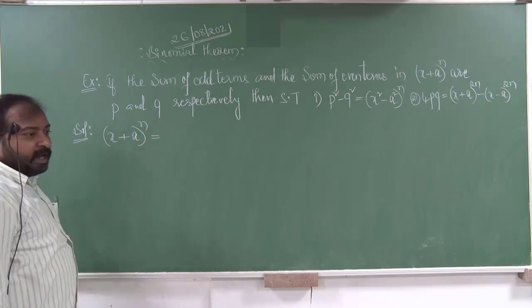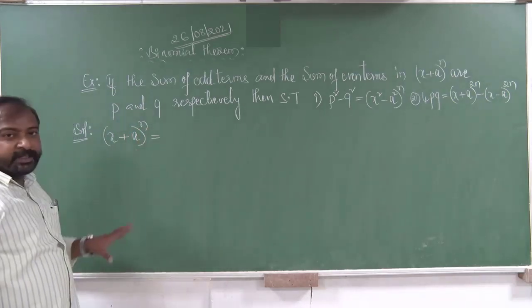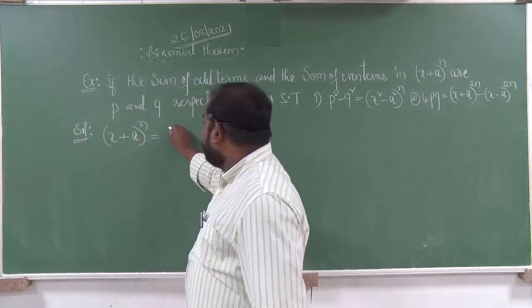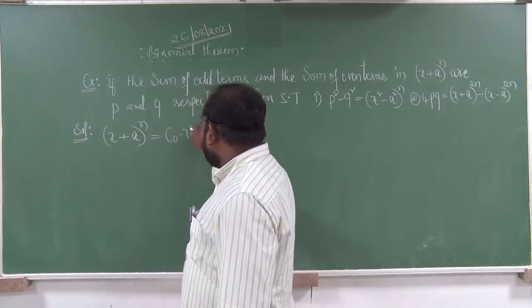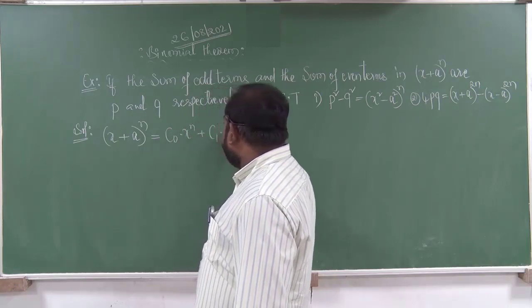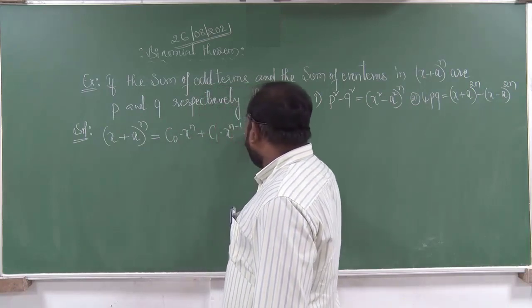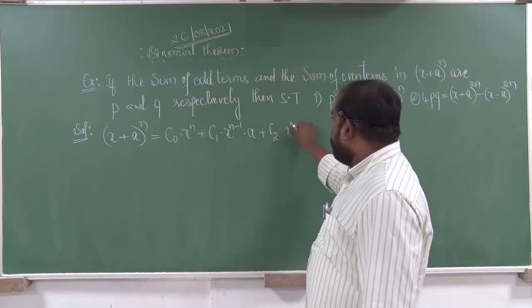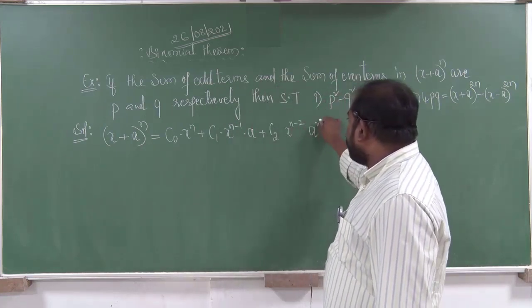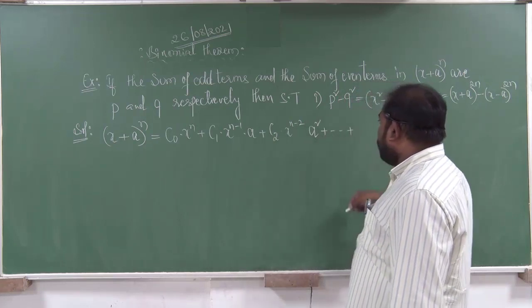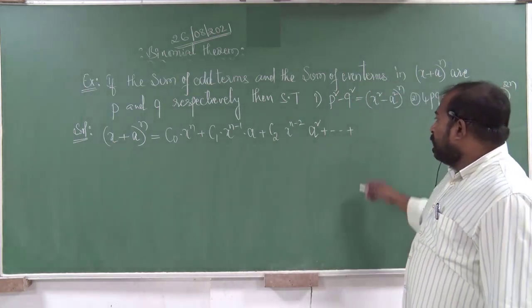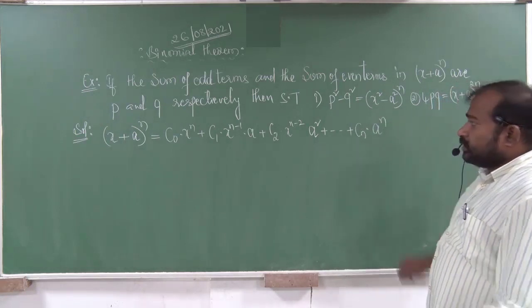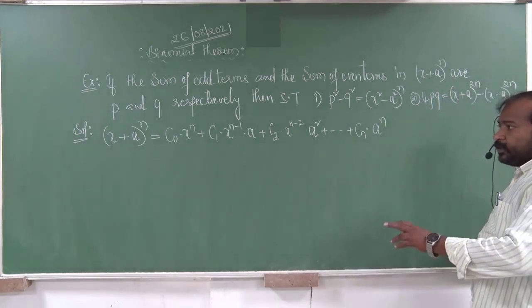With the help of the binomial theorem, tell me what you will get: C0 x^n + C1 x^(n−1) a + C2 x^(n−2) a² + and so on, the last term being Cn a^n. This is the expansion for (x + a)^n.